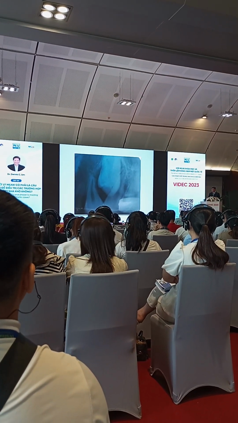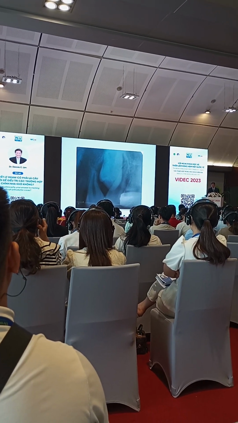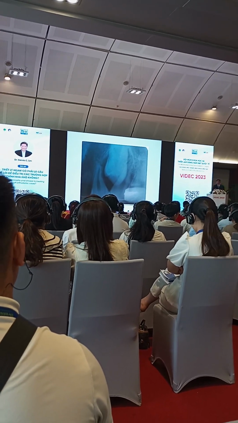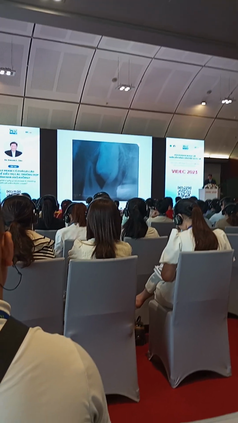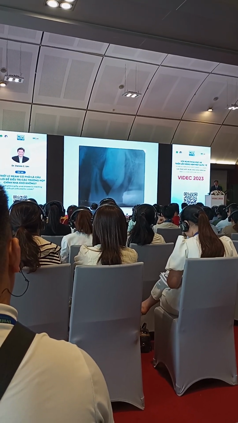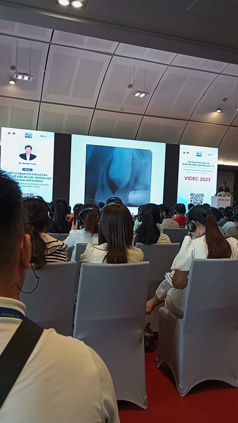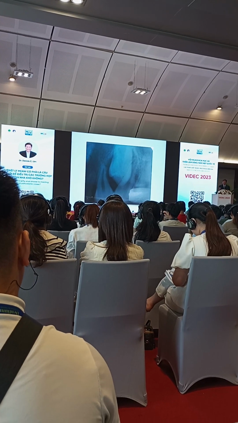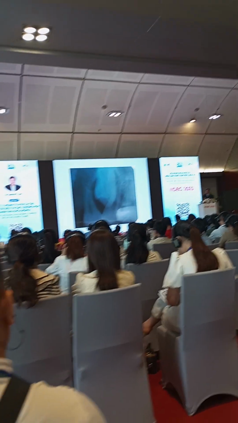Because of this condition, they referred the case to our dental clinic to have the canine in the correct position. Both parents are dentists, and they wanted their child's teeth to have a normal positioning, meaning the canine should be in the canine position.